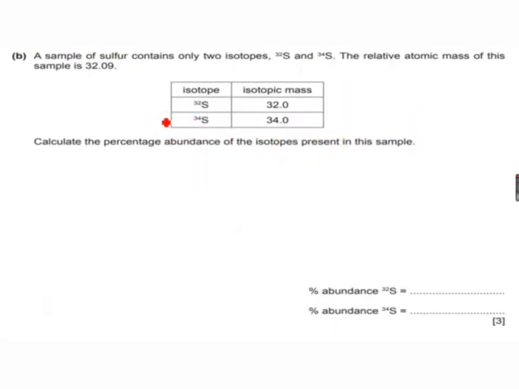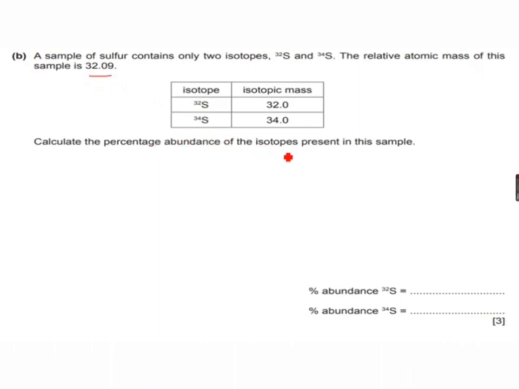So a sample of sulfur contains only 2 isotopes. Sulfur 32, which has an isotopic mass of 32.0, and sulfur 34, which has an isotopic mass of 34.0. The relative atomic mass of the sample is 32.09. So when we calculate the average masses using their percentage abundances, we get 32.09.